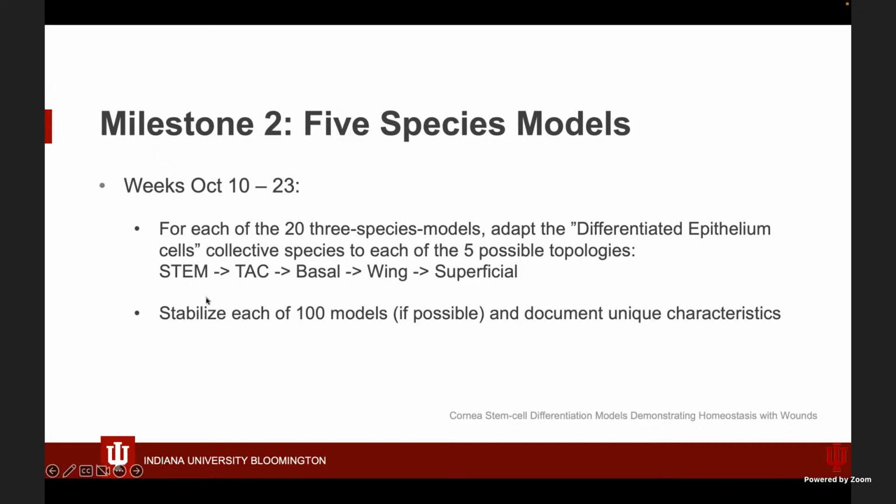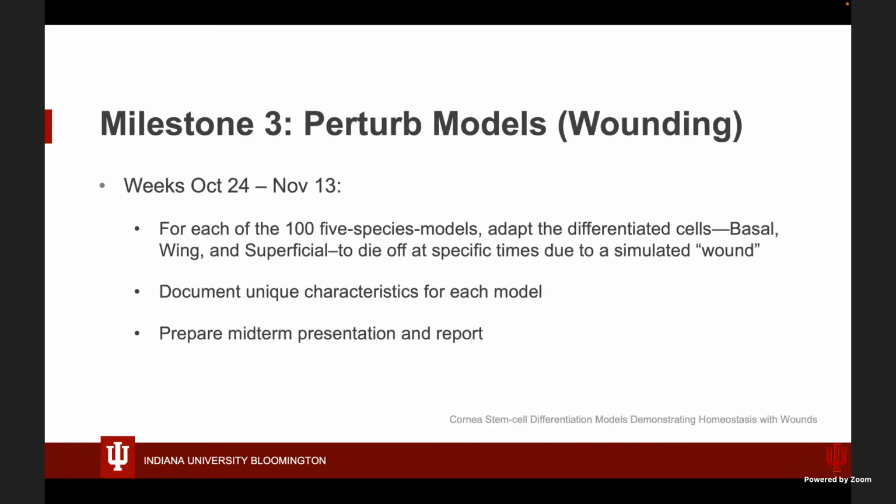And then the last milestone, at least in terms of the project, would be to introduce a way to perturb these models. The way that we're hoping to do that is this simulated wounding effect. So for each of those 100 models, we will have some parameters that a user could tune to simulate an extended death of a specific model or specific species.